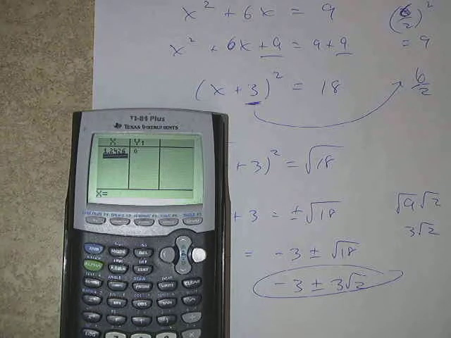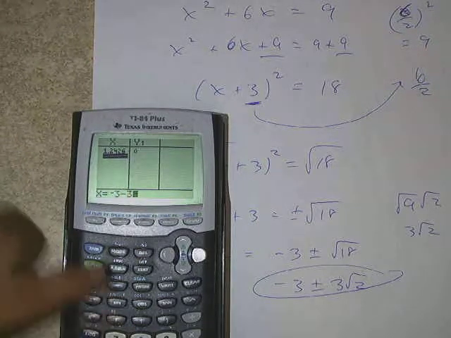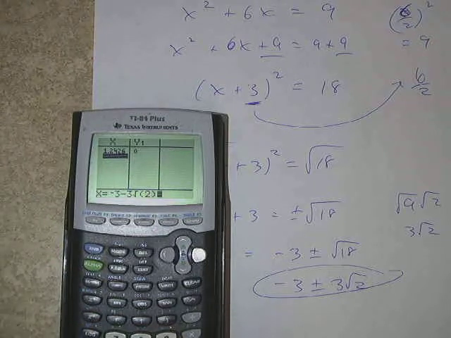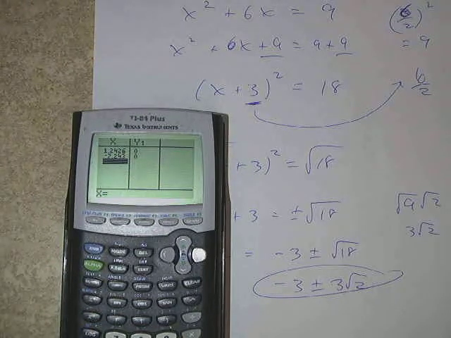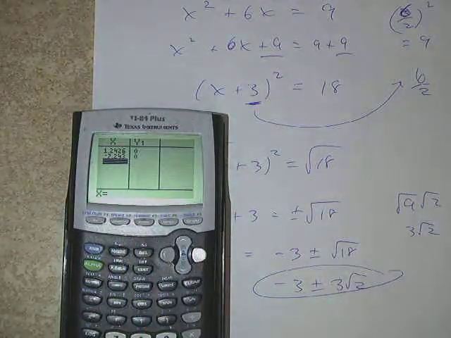True? We want that to be 0 because our claim is that those are the zeros of this function. Those are the numbers that will make the equation equal 0. And you can check the other one also by typing in negative 3 minus 3 radical 2. And you get 0 for that one too.